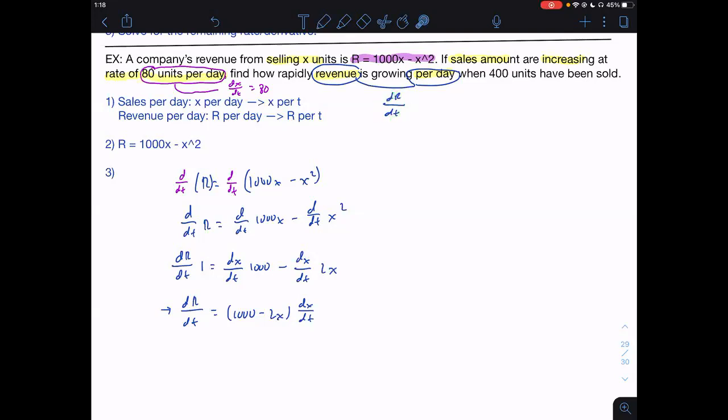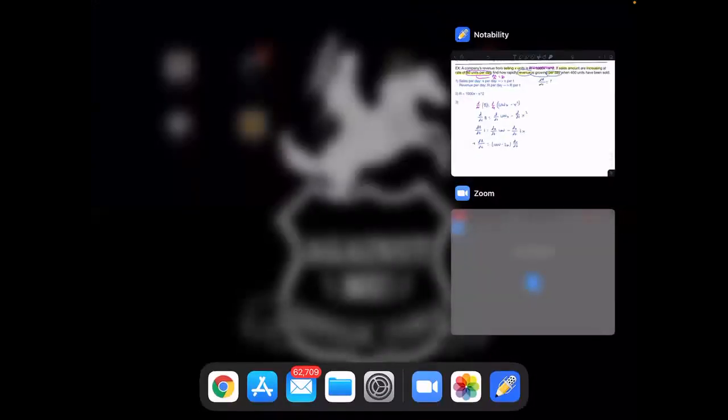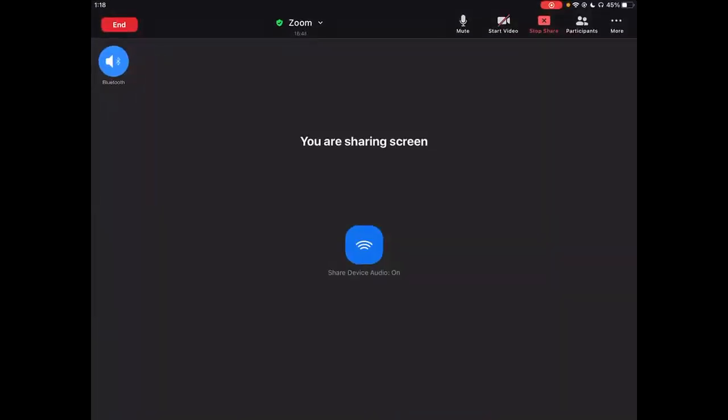That is the rate that we're trying to solve for. We want to figure out the change in the revenue with respect to time. So this is what we're trying to solve for here, dR over dt, which we already have by itself here in our equation.